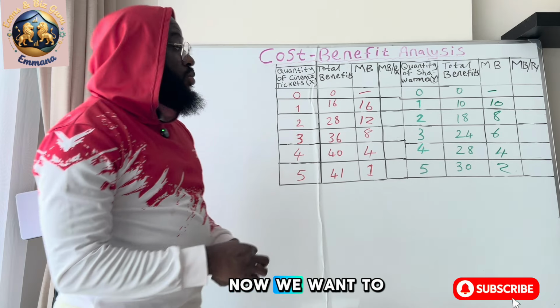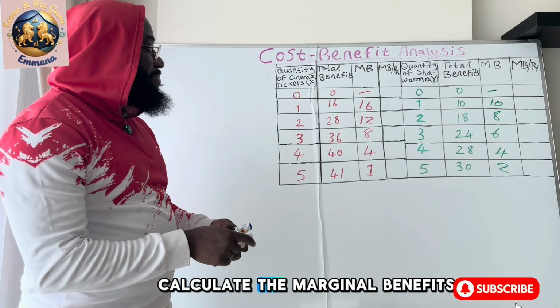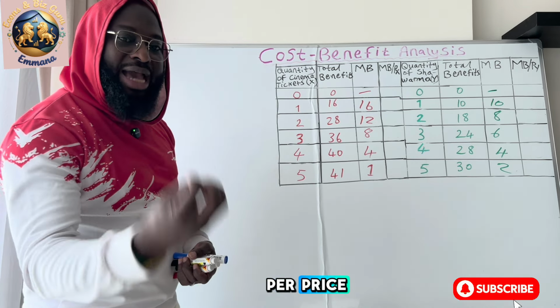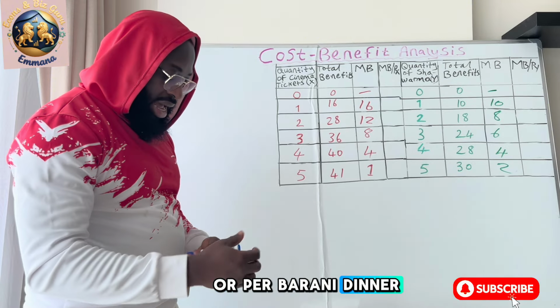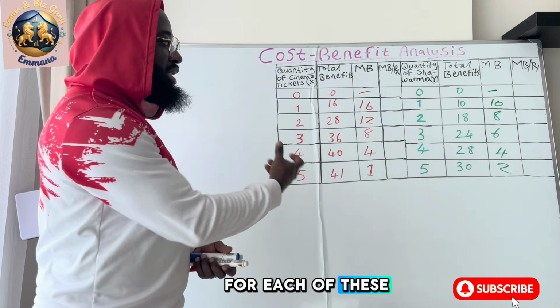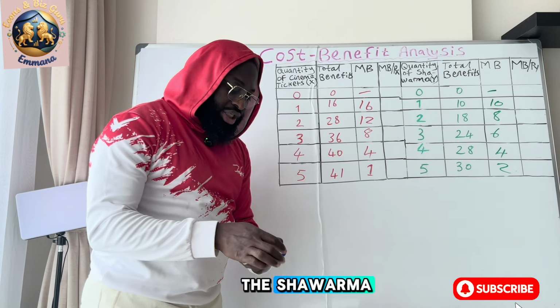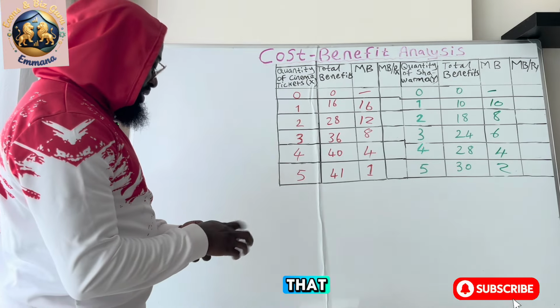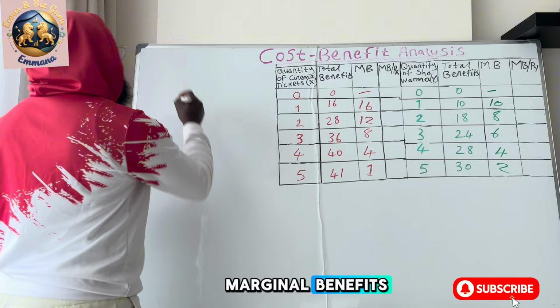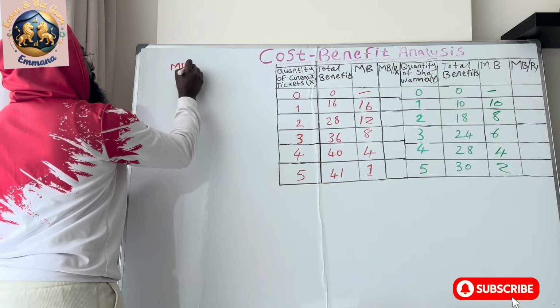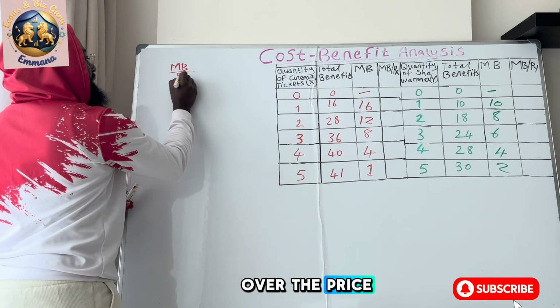So now we want to calculate the marginal benefit per price, or per bargaining dinner, for each of these commodities, the cinema ticket and the shawarma. How do we do that? Marginal benefit over the price.